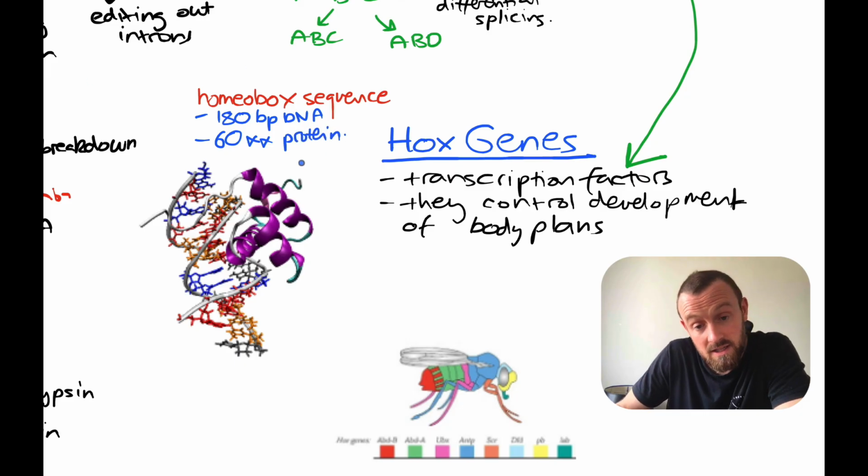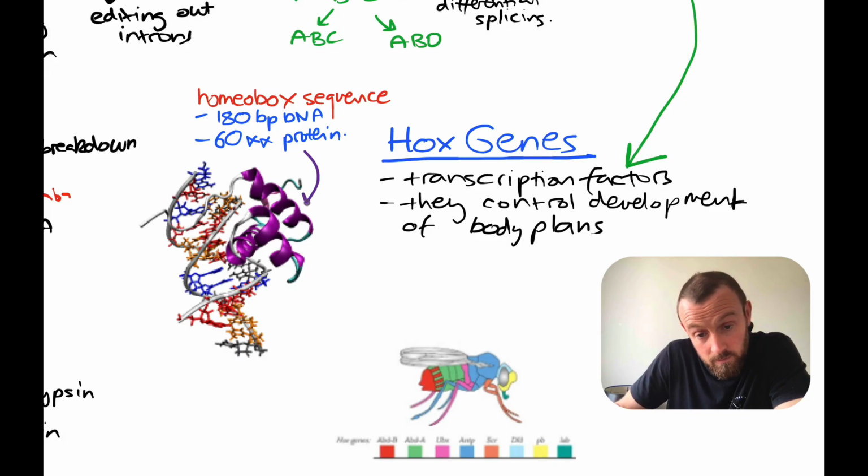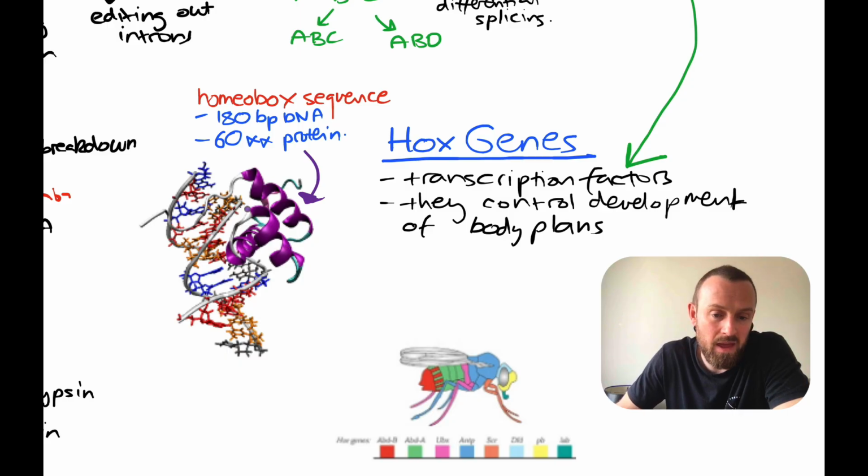And here it is, this purple bit, let's identify it there. Now this purple bit here forms a certain shape that all these homeobox sequence containing genes have. And it is a helix turn helix, that's HTH kind of shape.